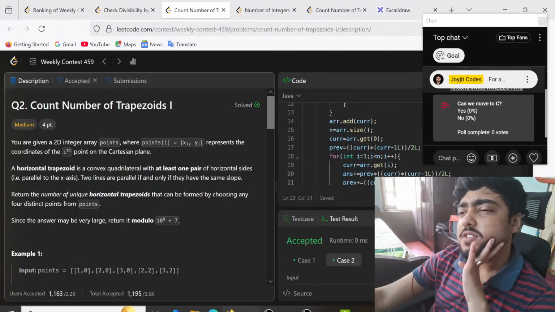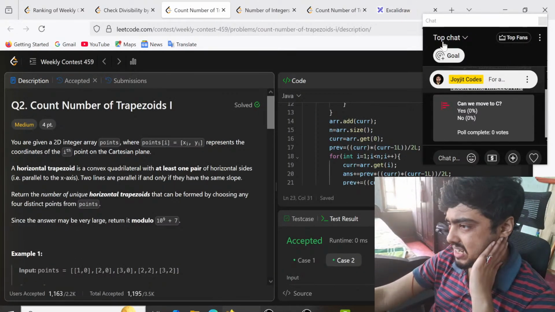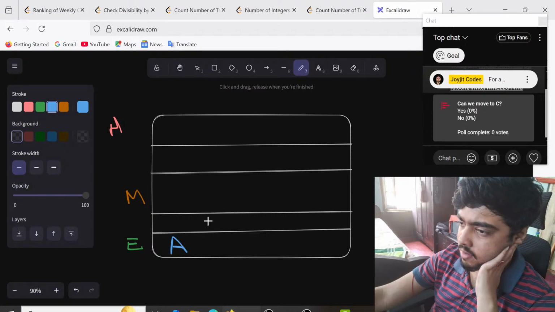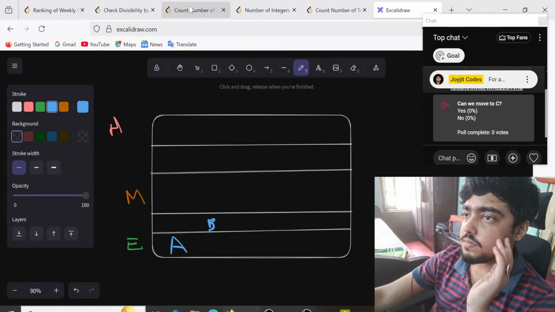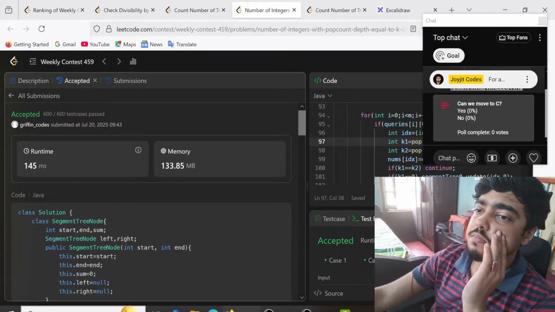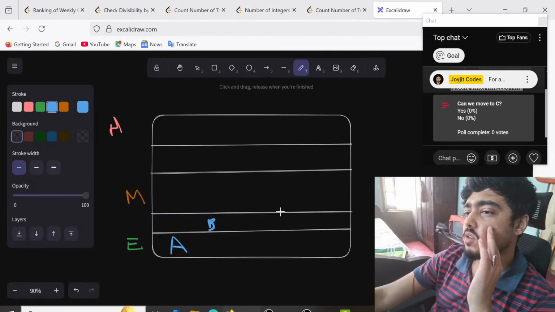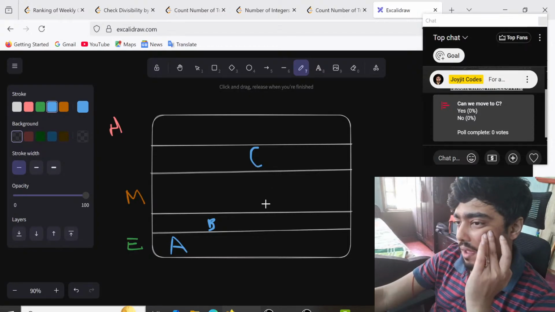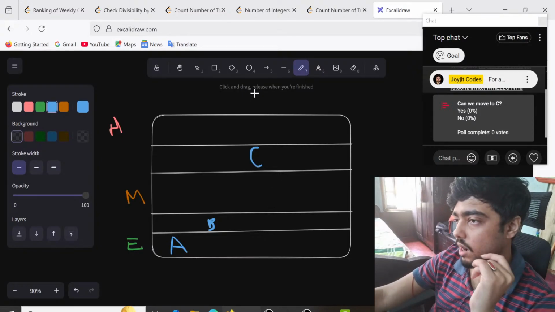The second one was count number of trapezoids. Considering this, it will be between easy and medium. Then the segment tree problem, if you're using segment tree, it will be over here only, right? Above medium and below hard.